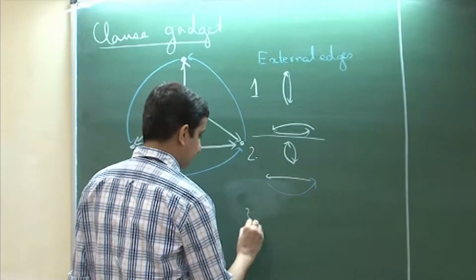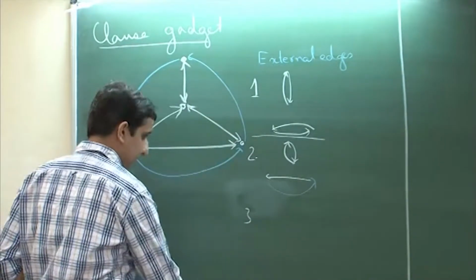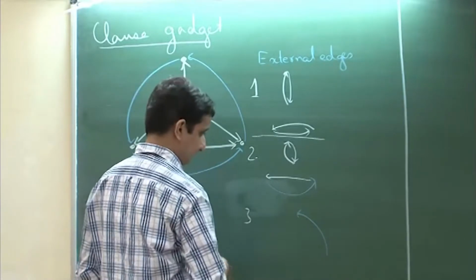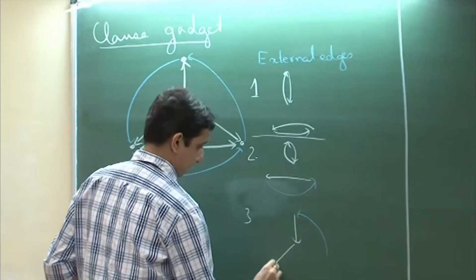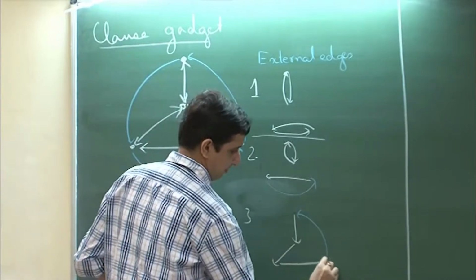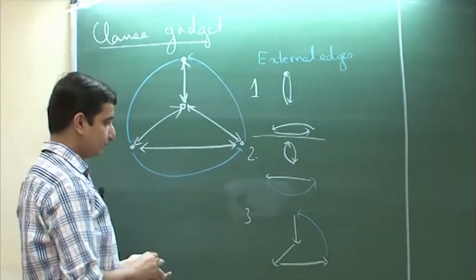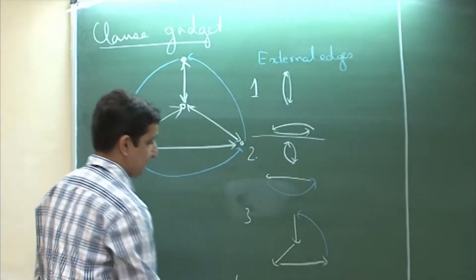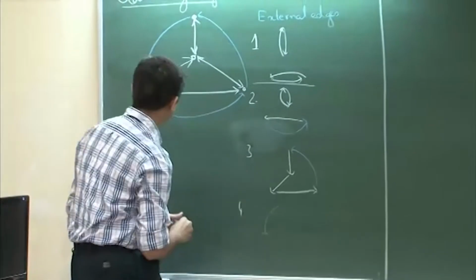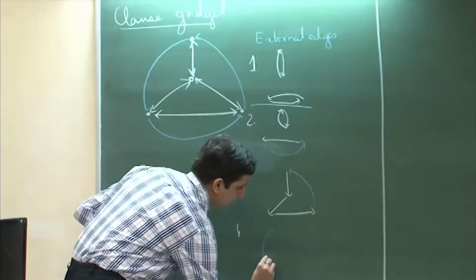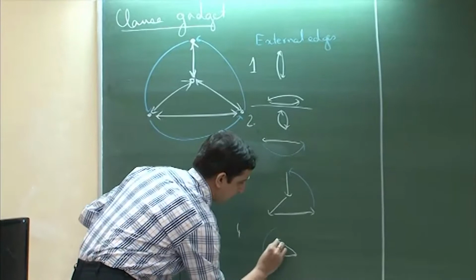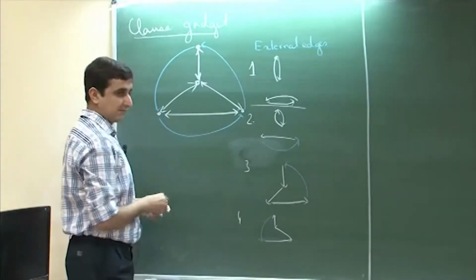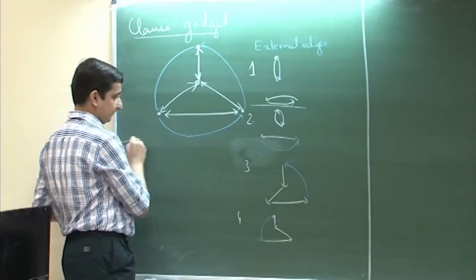The third one is, suppose I include this one, then I have this edge and this. For the fourth case, we have this, basically by symmetry.